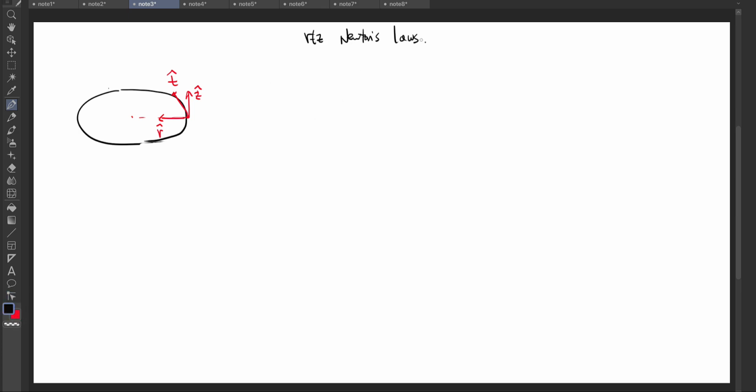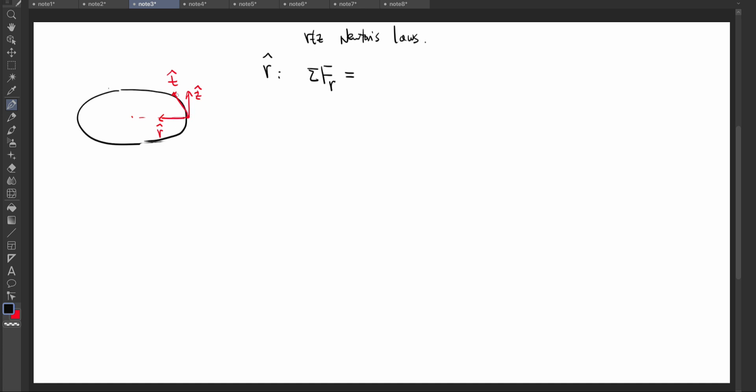Okay, so in terms of Newton's laws, Newton's second law should be applied to the radial direction. Along the R hat direction, the net force along this direction should be non-zero, right? Because otherwise, the object's motion will not change its direction.